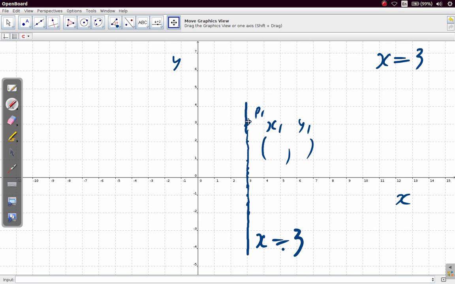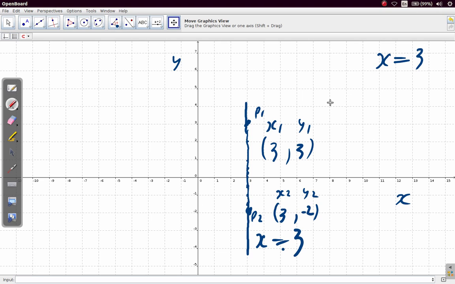X1 is 3 and y1 is also 3. What about down here? This is point 2, so we have our x2 and y2. Our x2 lines up with the same 3, and y2 is -2.